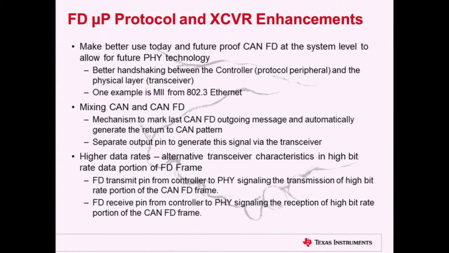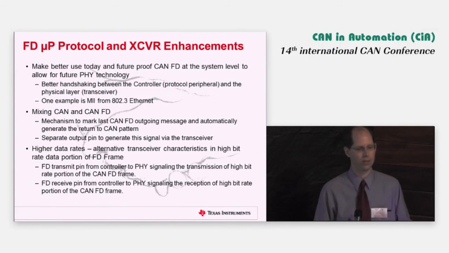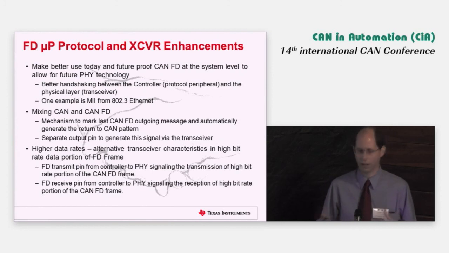One example of this is Ethernet 802.3. MII is a very basic one, came out of the 100 megabit space and was quite standardized, and offers quite a bit of information exchange between the MAC and the PHY. So we use that as an example.